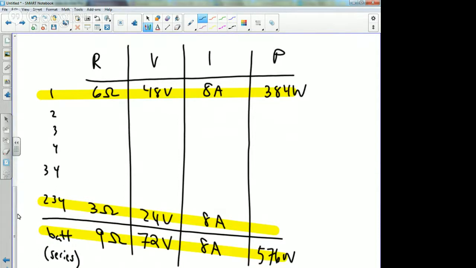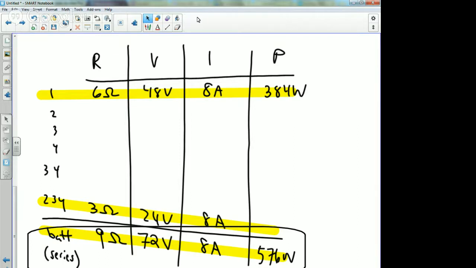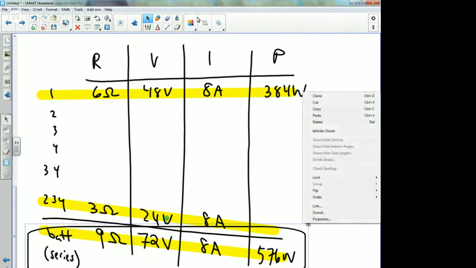Let me draw a box that just covers this last one.